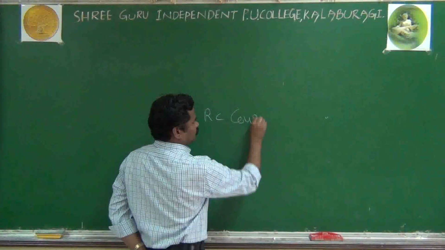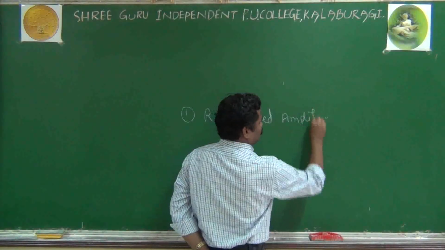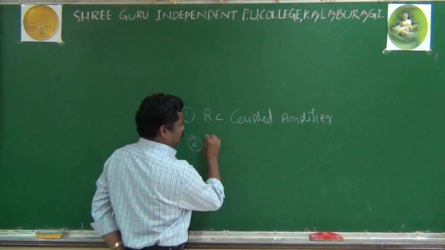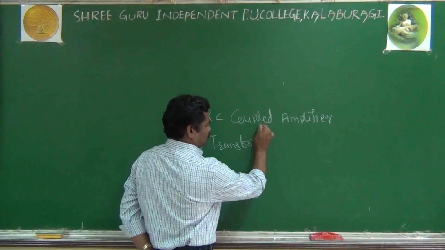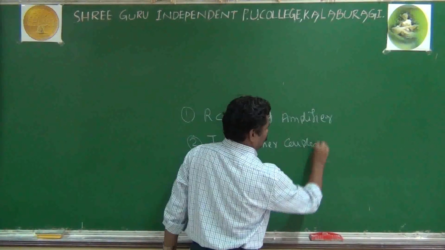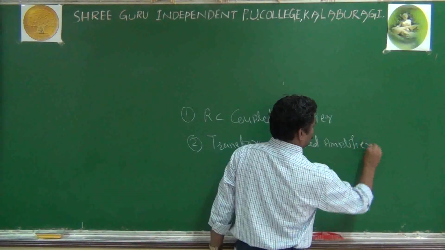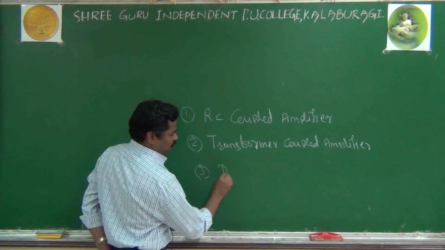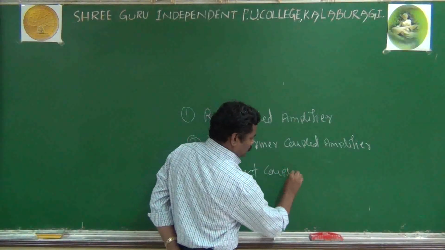The second one is the transformer coupled amplifier. And the last one is the direct coupled amplifier.